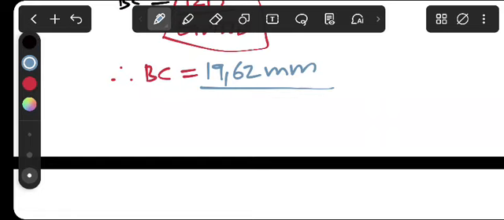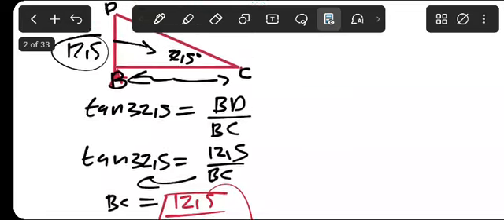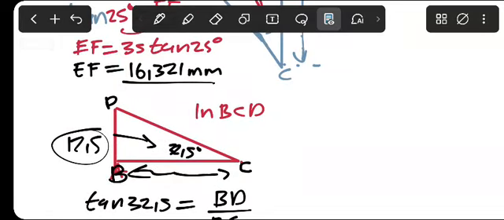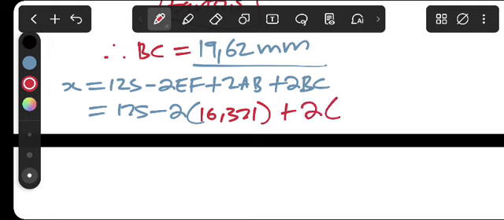We can have our x, since x is equal to 125 minus 2EF plus 2AP plus 2BC. So we have 125 minus 2, what is EF? EF is 16.321. Plus 2, what is AP? The same as radius.